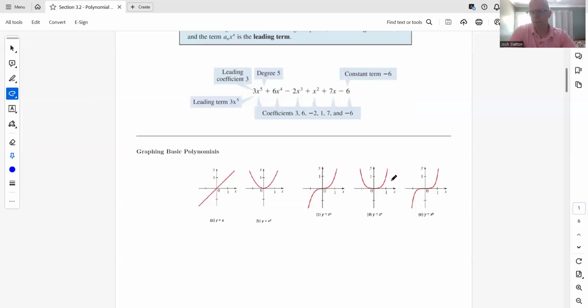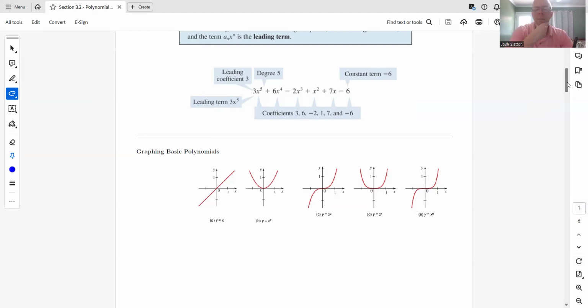If you went to x to the 7th, it also had the same basic shape. The same thing happens when you increase the odd degree as when you increase the even degree. It gets flatter around 0, and then it gets steeper quicker as you move away from 0. So make sure you can identify the basic shapes.